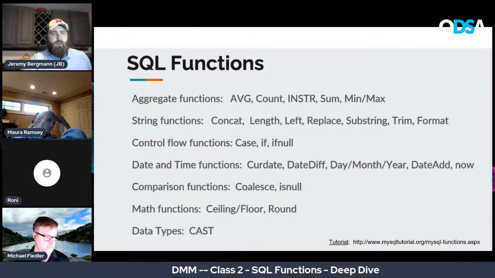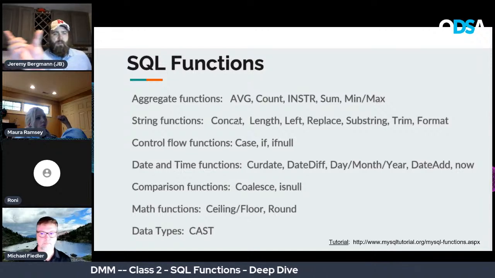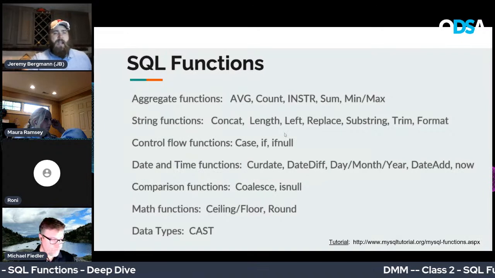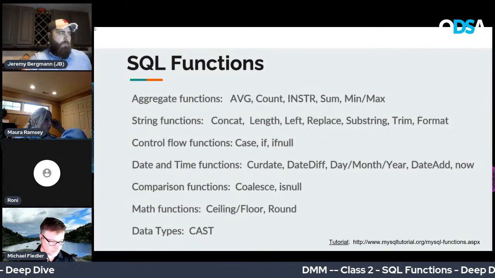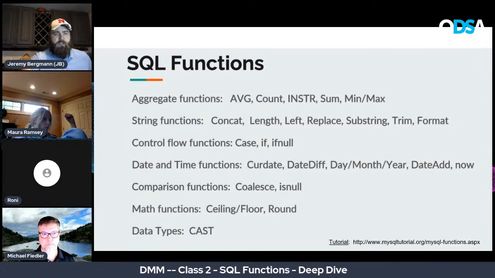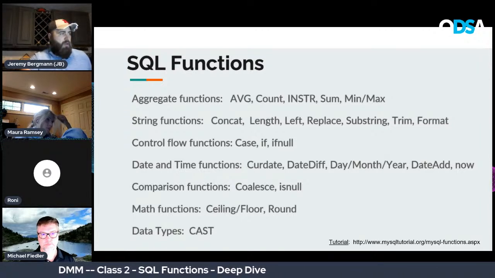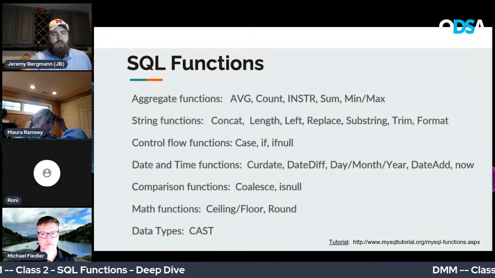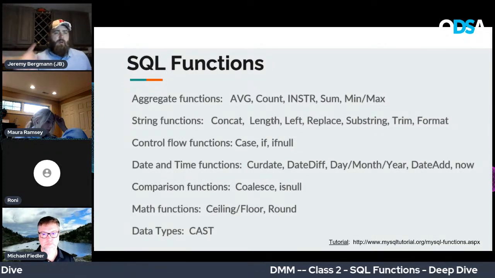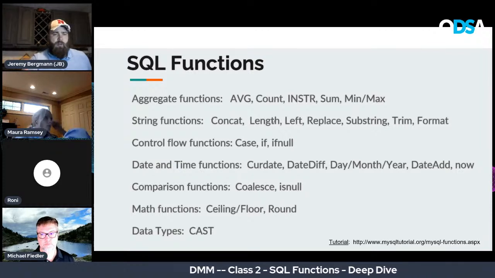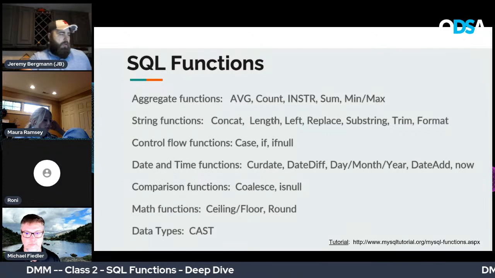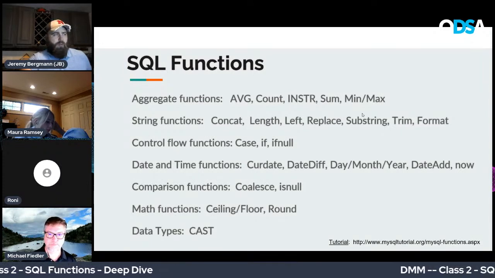If you're familiar with Excel, you could bring two different values from two different columns together, concatenating them to create one column. You can return values, so you could do a length of a string just to see how long each one of those strings is. That will go down the table and leave a number in each row: 4 if the string is length 4, 6 if it's 6, and so forth.